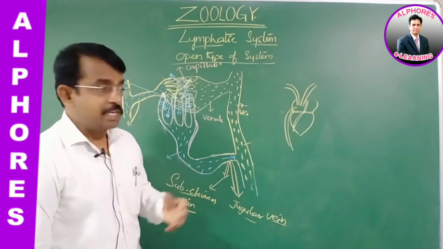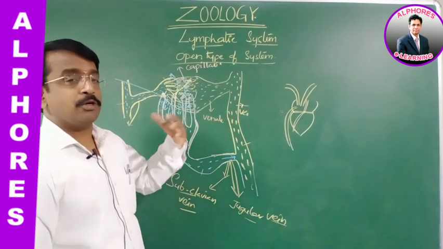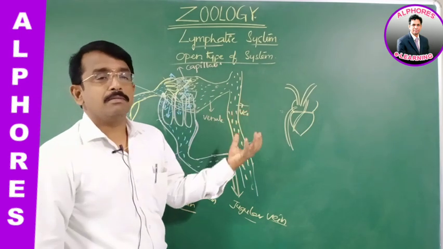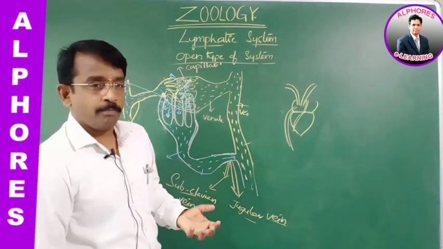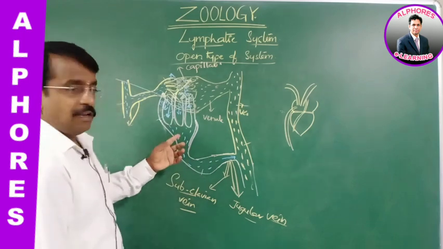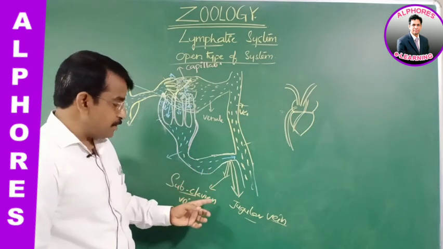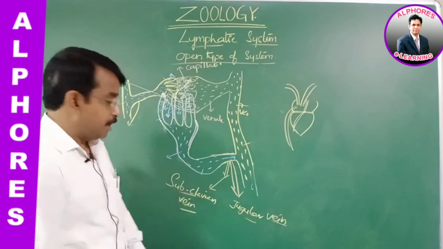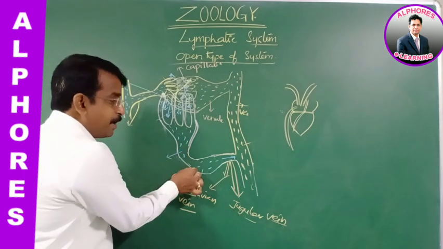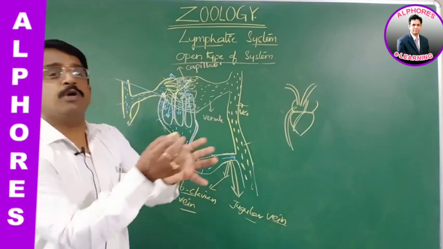So, compared to the blood, it carries a large amount of fat. That collected lymph goes through lymph capillaries, lymph vessel, and lymphatic duct. At the junction of the subclavian vein and jugular vein, this lymphatic duct drains the lymph into the blood.